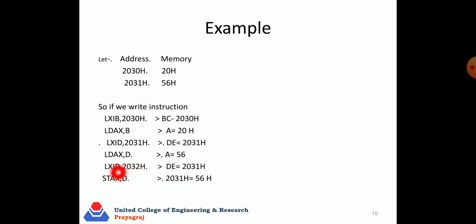And what is the content of the accumulator? It is 56H, because it is not altered. So after execution of STAXD, the content of the accumulator is copied to the location in DE. So this is the example of LDAX and STAX.